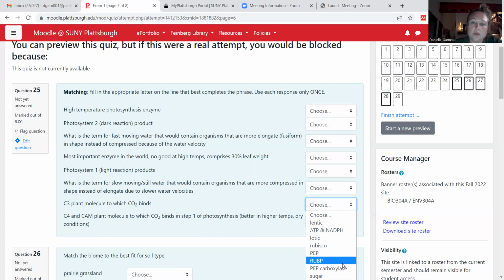So C3 is going to be moderate temperature type areas. So RUBP and rubisco are the pair we're talking about there, right? Rubisco is the enzyme that catalyzes the reaction where CO2 comes in and binds to that RUBP molecule. So RUBP is correct. And then the C4 and CAM plant, CO2 is coming in. And what's it going to bind to in these higher temperatures? Well, it's going to bind to PEP, and PEP carboxylase will be the enzyme that catalyzes it.